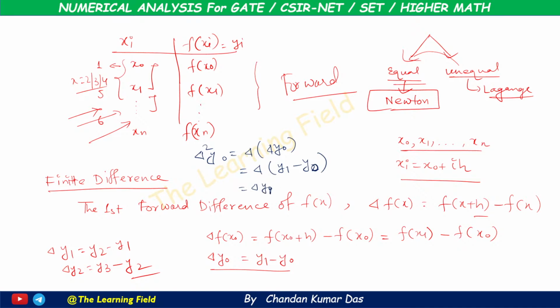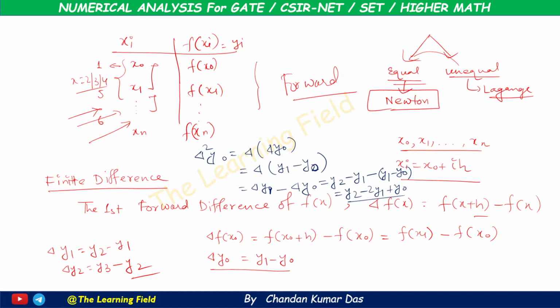Delta of y1 we already know is equal to y2 minus y1, and delta of y0 is y1 minus y0. So this is equal to y2 minus 2y1 plus y0. So this is the second order finite difference.